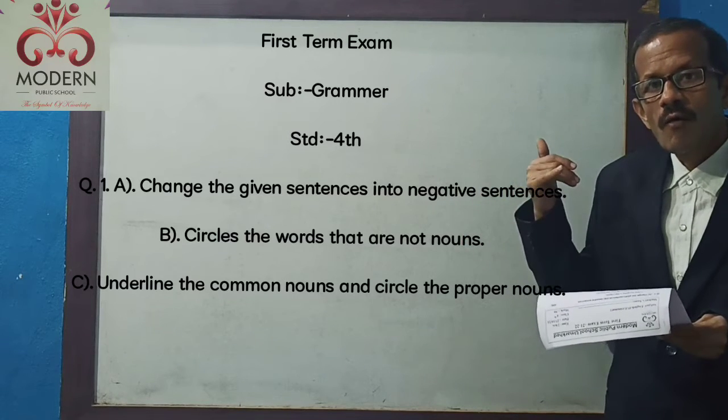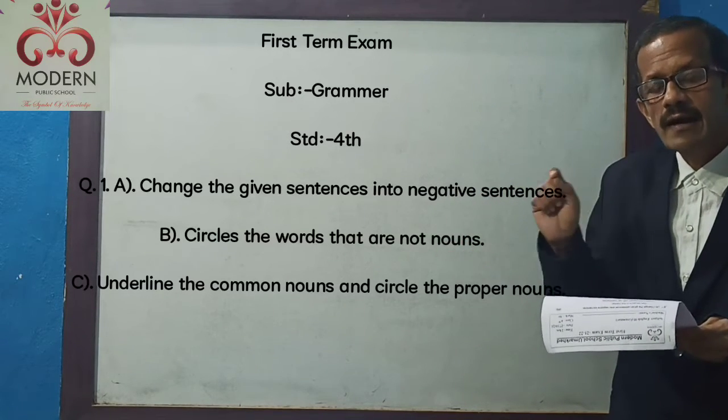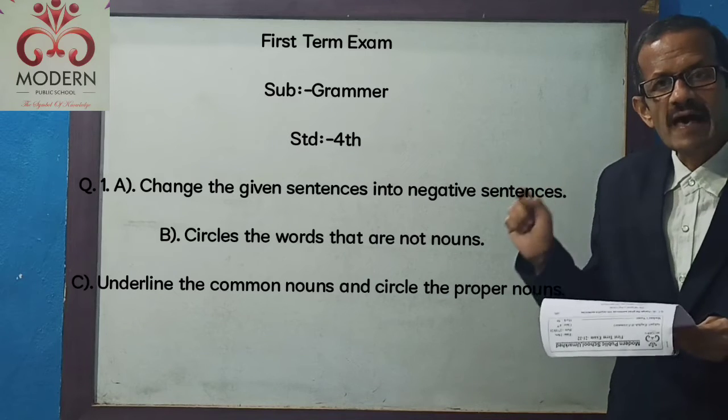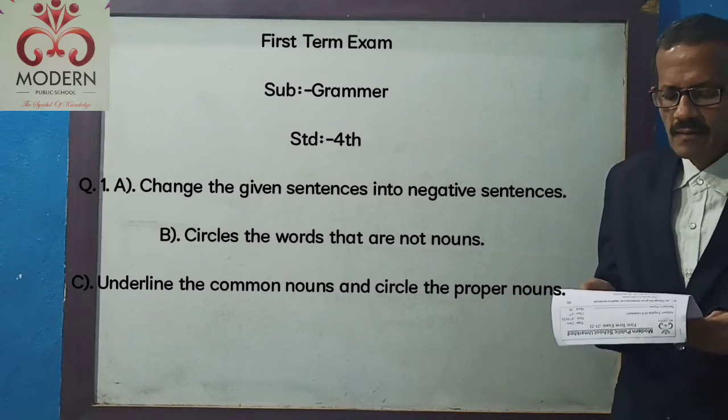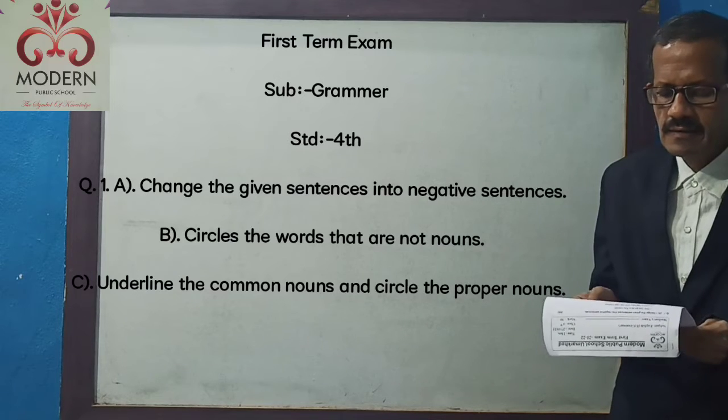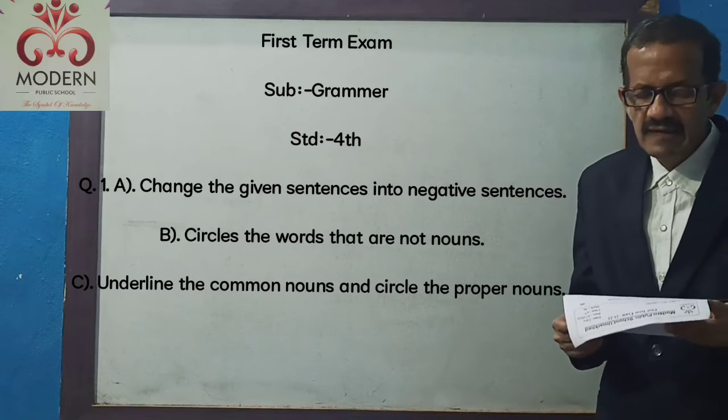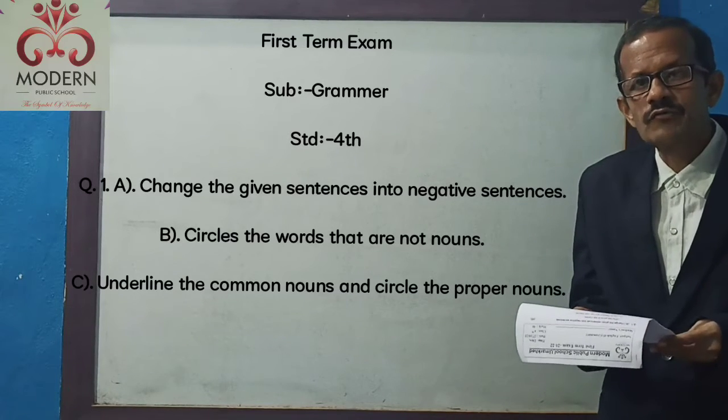If common nouns are there, you have to underline them, and if proper nouns are there, you have to circle them. That is about question number C. These A, B, C questions are of 5 marks, students.